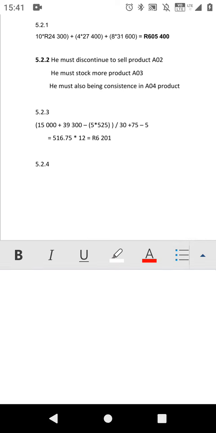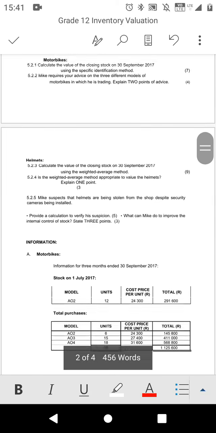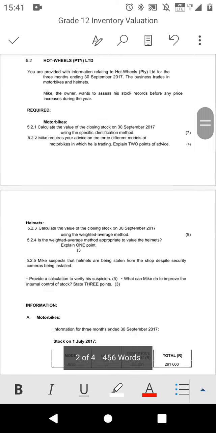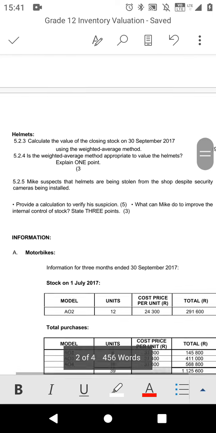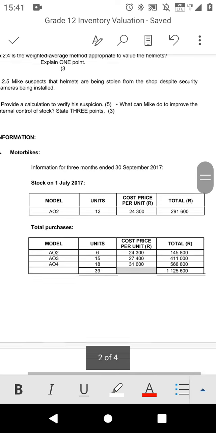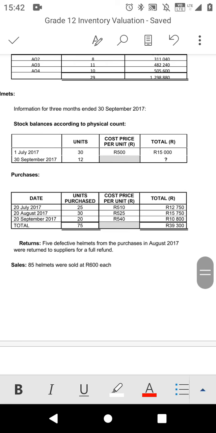Okay, so now let's go to 5.2.4. They said, is the weighted average method appropriate to value helmets? Give 1 point. Alright, let's check whether the helmet prices are changing too much. At the beginning the cost price was 500, then it goes to 510, then to 525, then to 540.